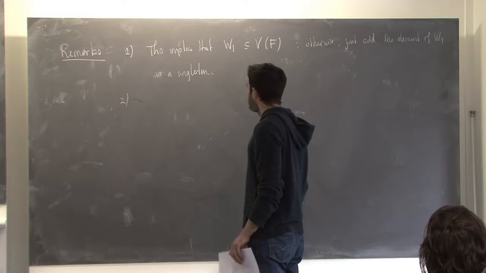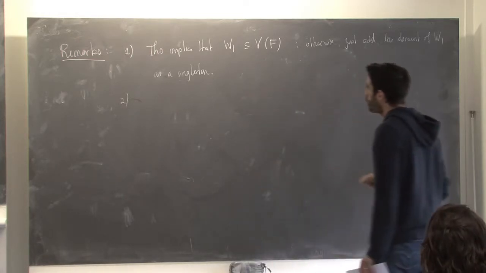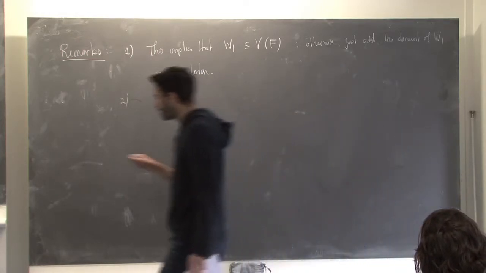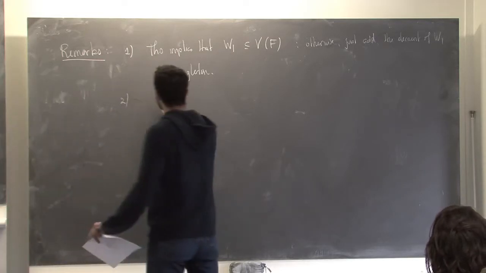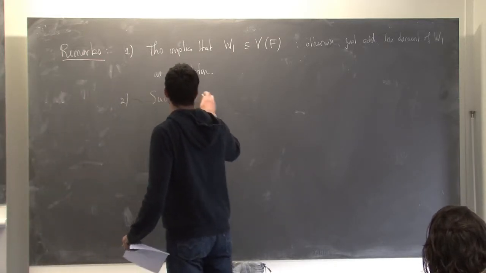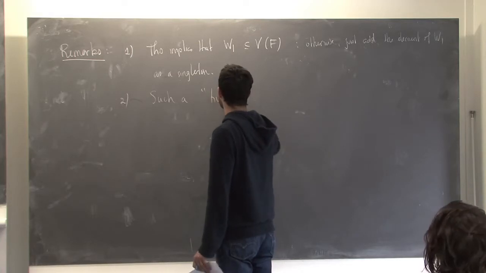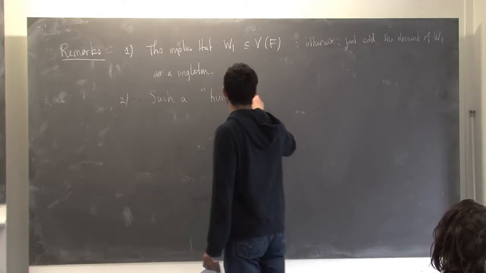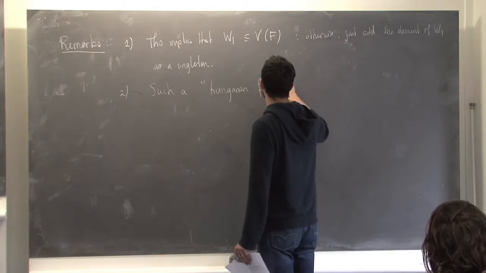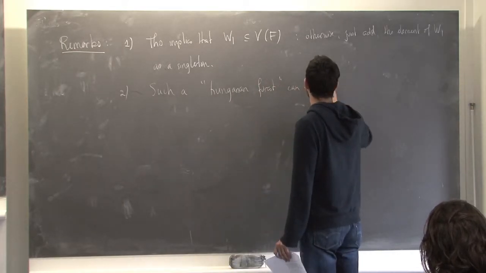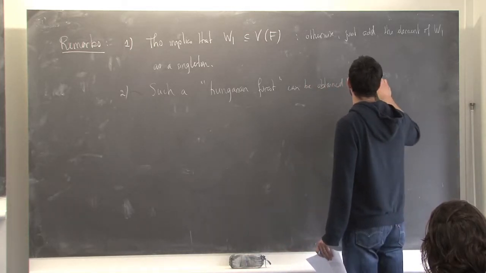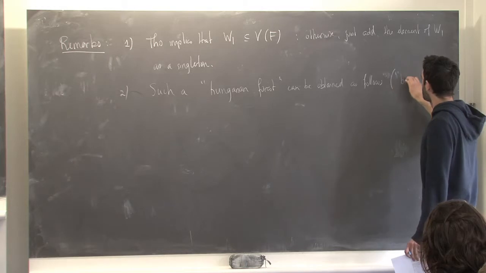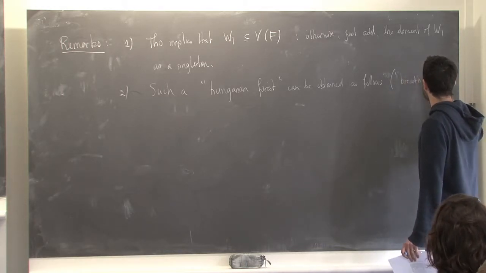Second, and this is now the picture that we'll have to try to keep in mind. So that's called a Hungarian forest. Such a Hungarian forest can be obtained as follows, and this is called a breadth-first search.